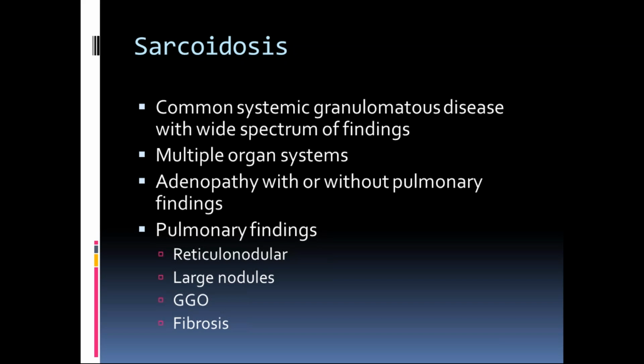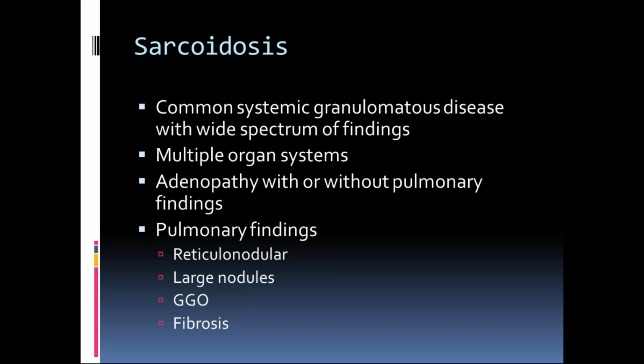You know that it hits multiple organ systems. One of the more interesting ones to me is the lacrimal gland. I always thought that was kind of fun. But it can have adenopathy with or without the pulmonary findings, and you know that that has different stages, but I honestly don't know if anybody actually uses those stages. We don't use it down here.